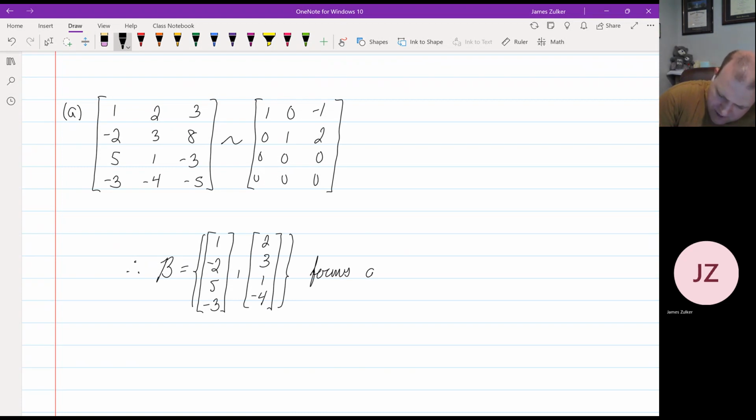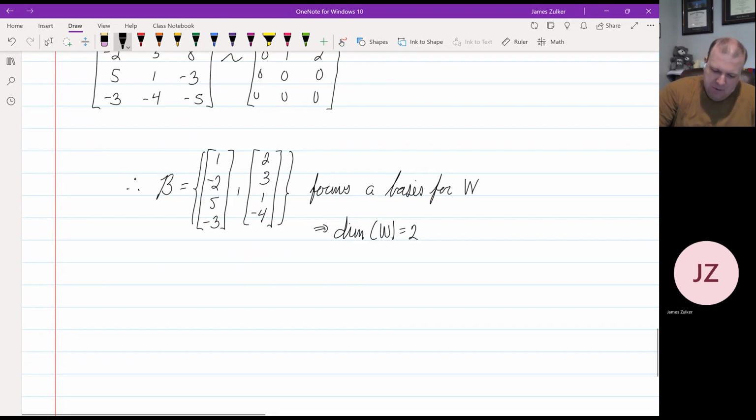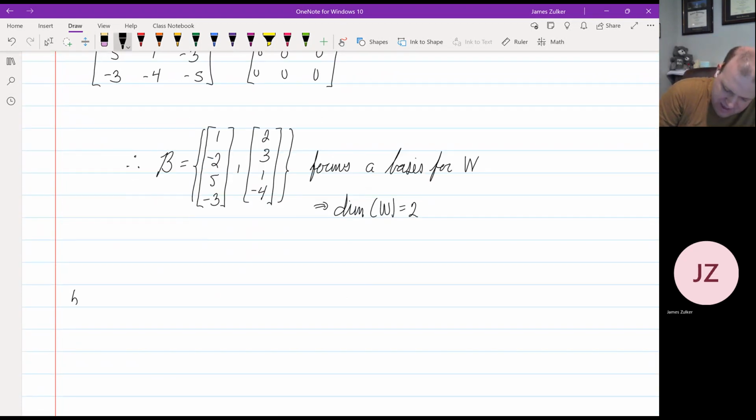So this set here forms a basis for W. Right? Of course, that means that the dimension of W is equal to 2. Now we want to extend this to be a basis of R4.